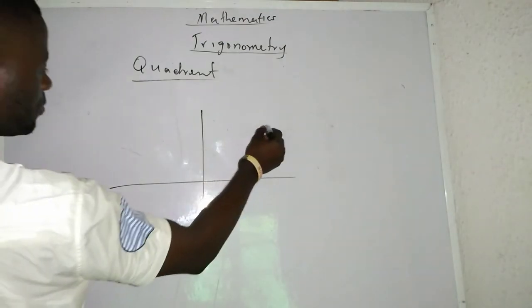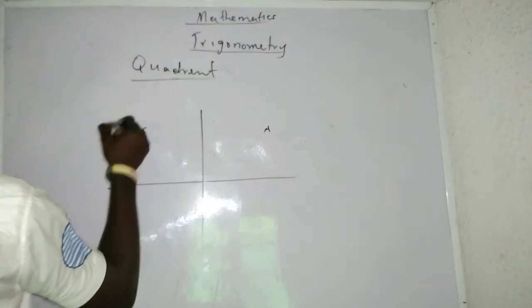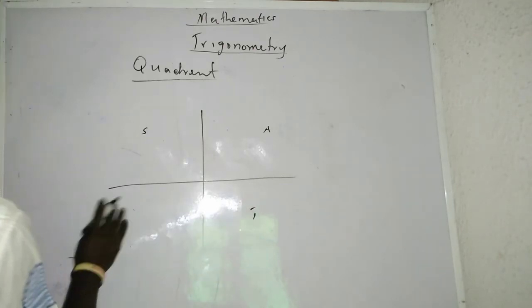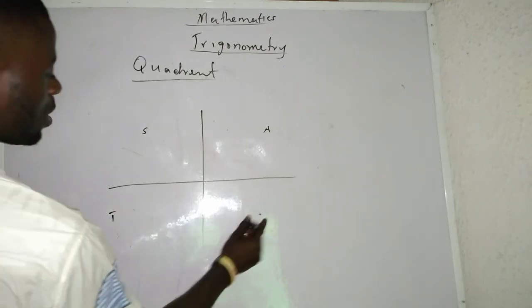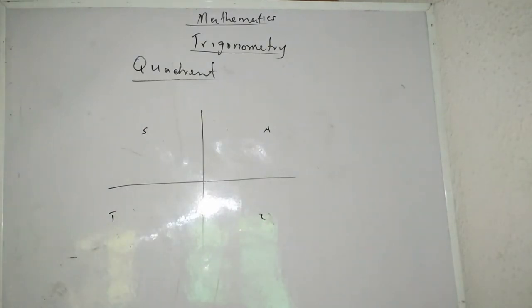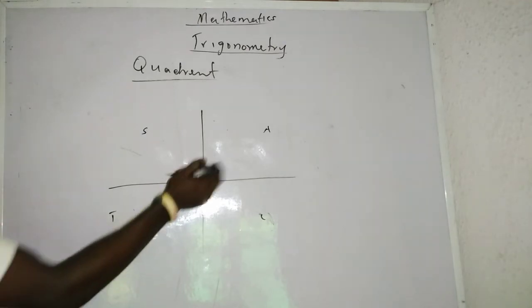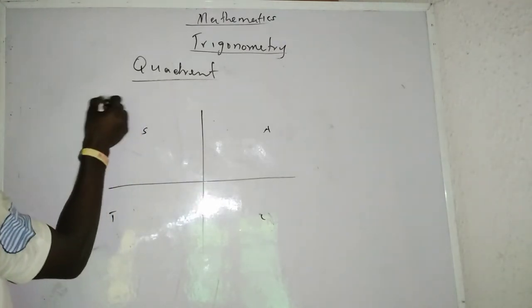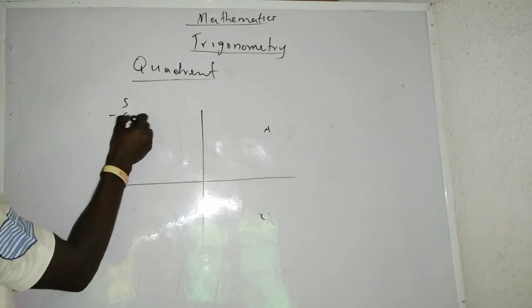Now, if I have quadrant, this is how it always looks like. This is all, this is sine, this is tan, sorry, and this is cos. Now, it means all are positive here. Only sine is positive here. Others are what?